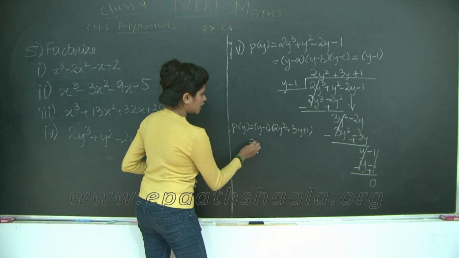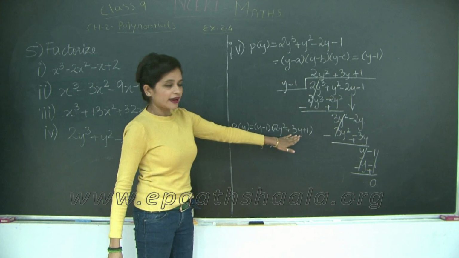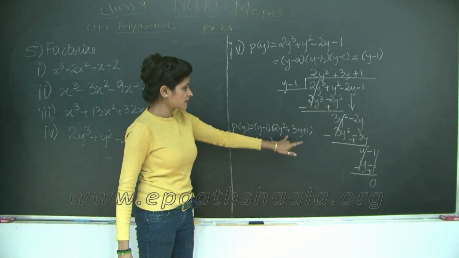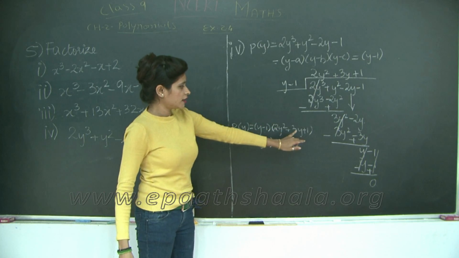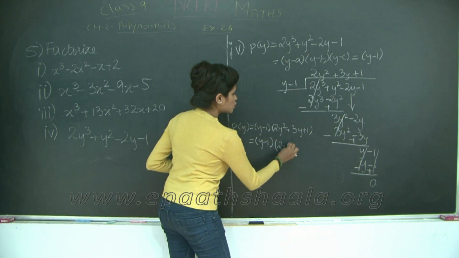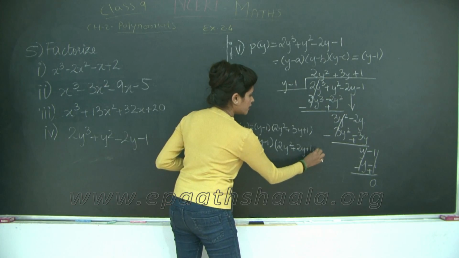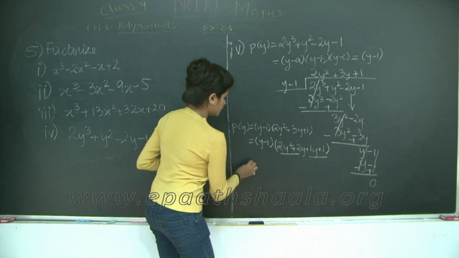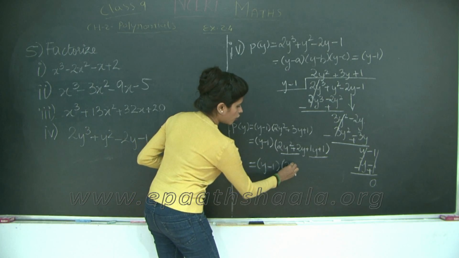Right? Now y minus 1. Now we need to split 3y into two terms, say y1 and y2, such that the product of y1 and y2 gives me 2, and adding them would give me 3. Clearly it is very simple. We have 2y square plus 2y plus 1y plus 1, right? I have y minus 1. I take 2y common outside.